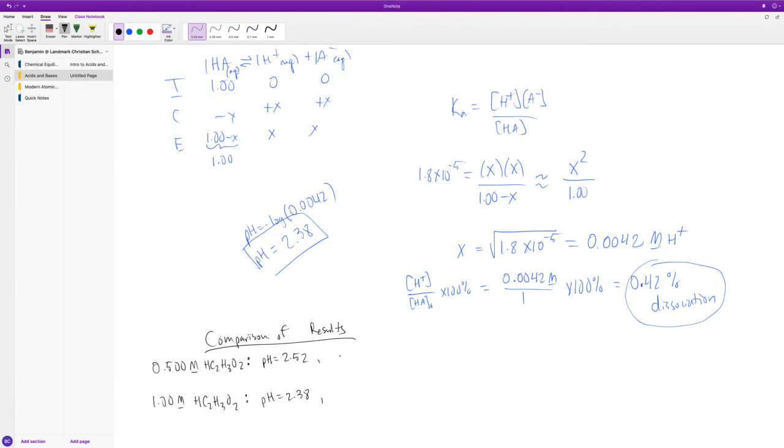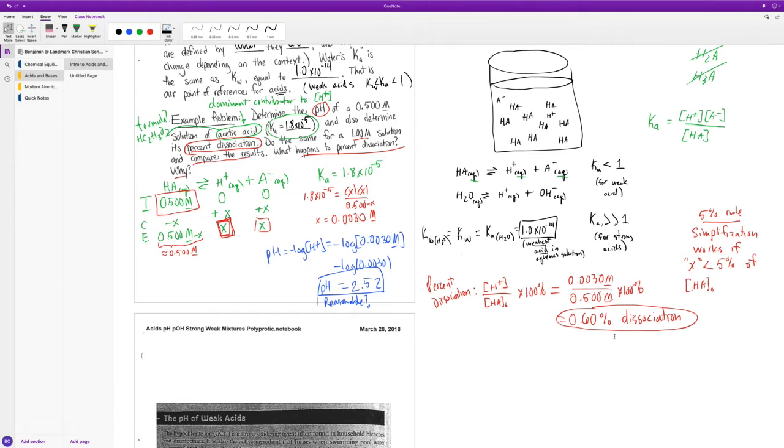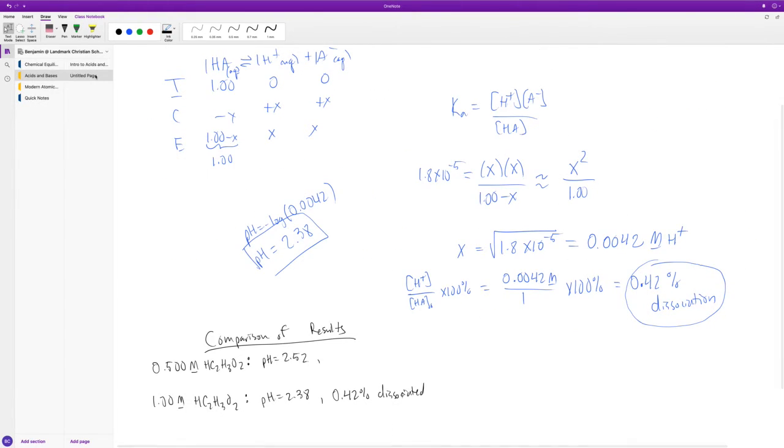In terms of percent dissociation, this one here is 0.42% dissociated. And the other one was 0.6% dissociation. So maybe not what you would have expected, but this is kind of important.